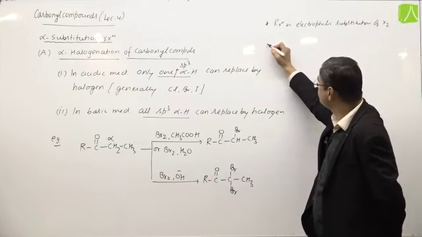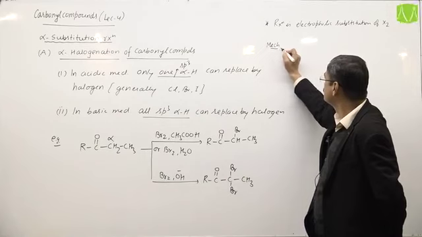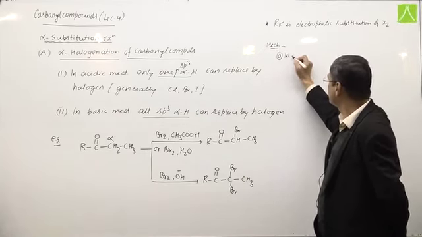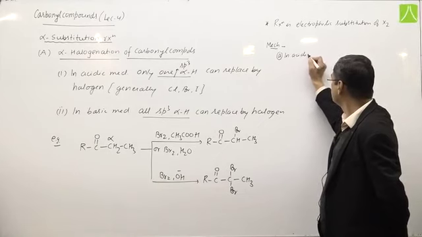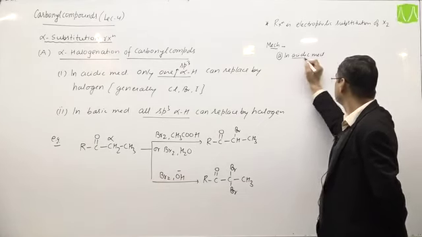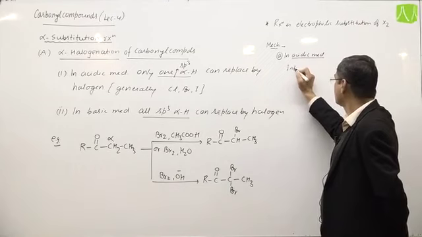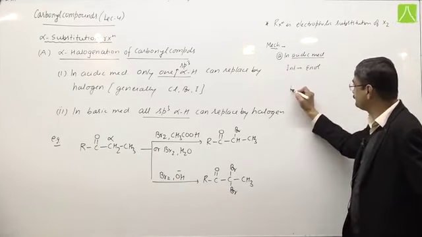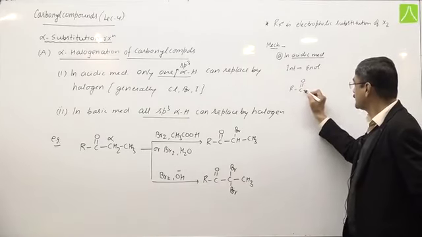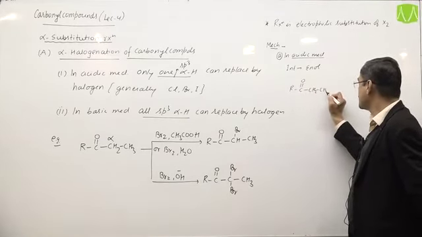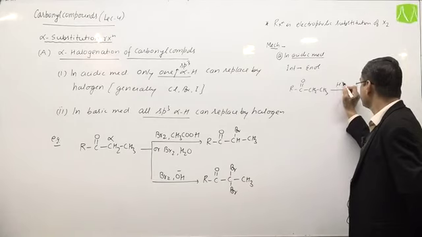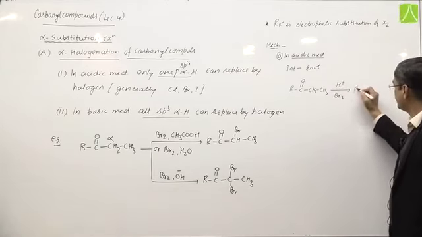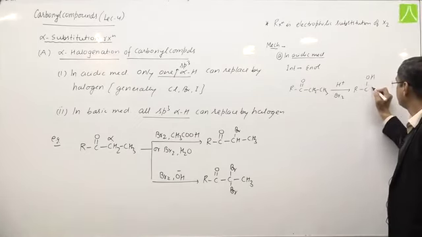Now the mechanism. In acidic medium, the intermediate is enol. RCO CH2 CH3 with H plus and Br2, so enol is formed.